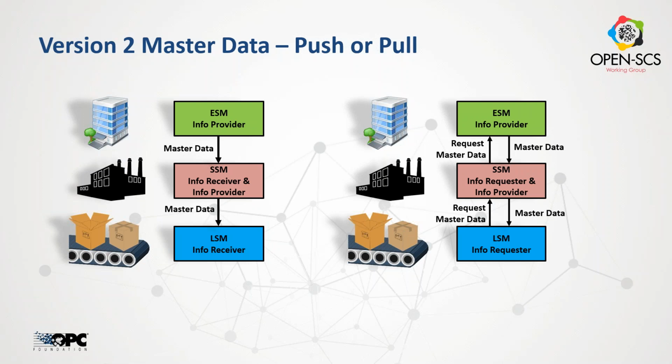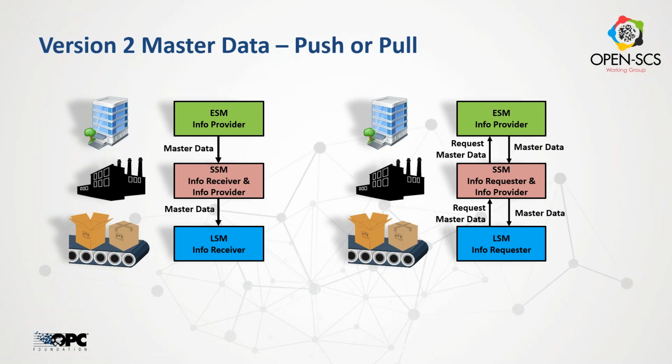So what we're working on rapidly now to have out in the next 2 months is version 2 of the standard, where we're talking about the master data, both with a push of the master data and a pull of the master data. And to do that, we're actually going to be using some already pre-existing work. As I said, we don't want to invent new stuff if things already exist.